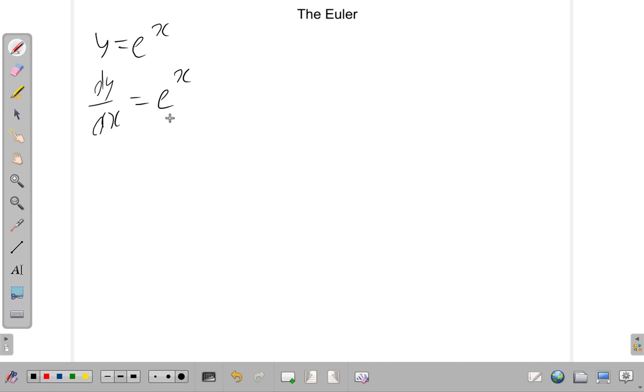And this is also the base of natural log, alright? Log with a base of e of a number is written as ln. So ln x is a logarithm with a base e.